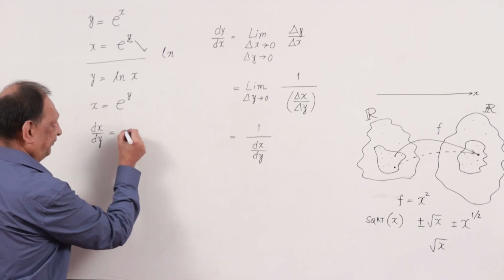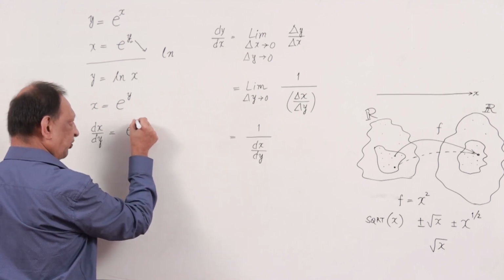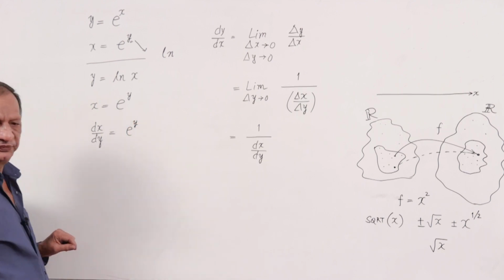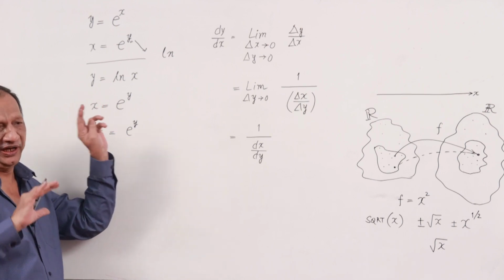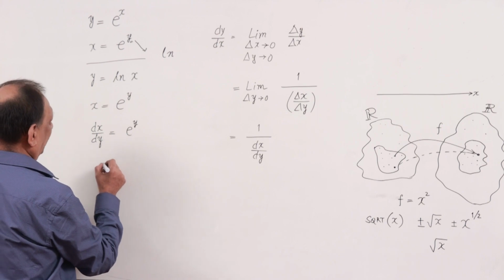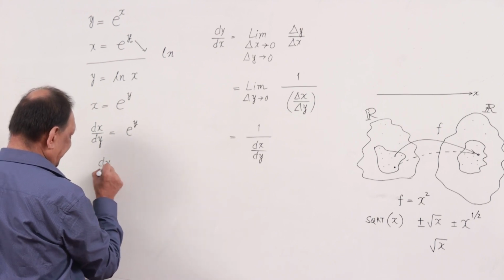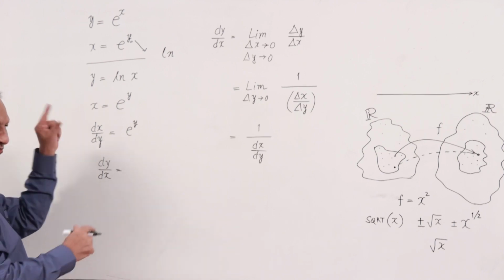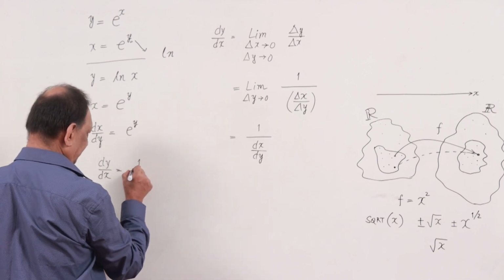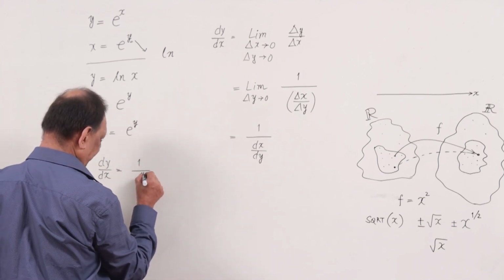The exponential function we have already found is e power y itself. It doesn't change. Any number of times you differentiate, e power x or e power y remains the same. So therefore, dy by dx is 1 over dx by dy, which is 1 over e power y.